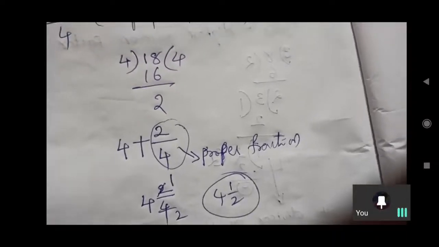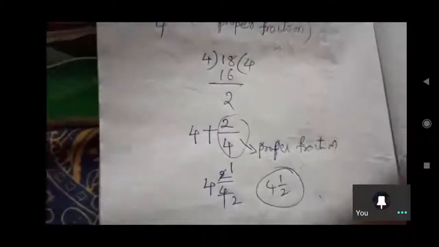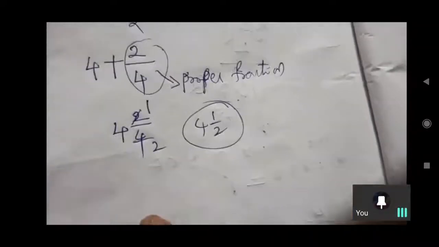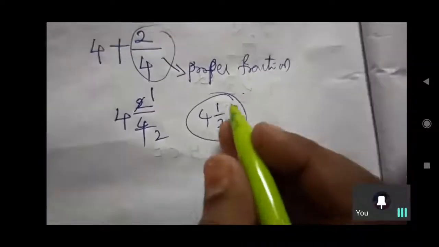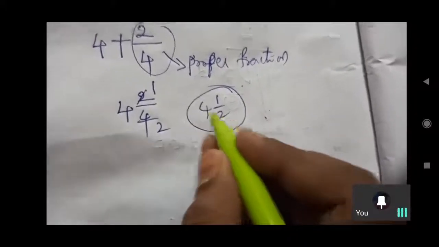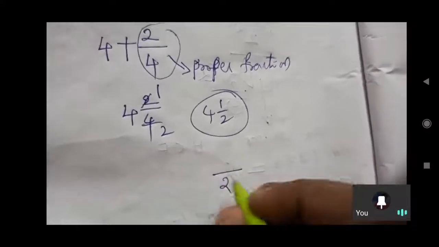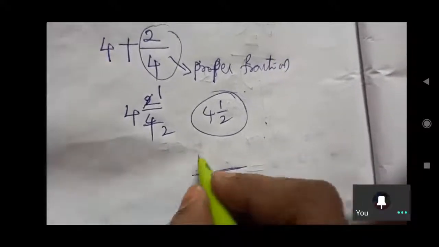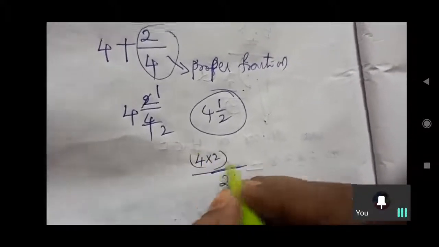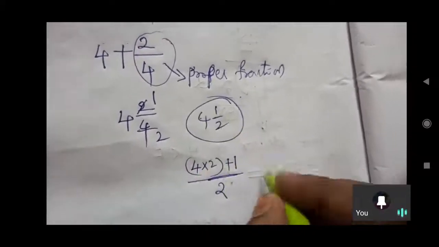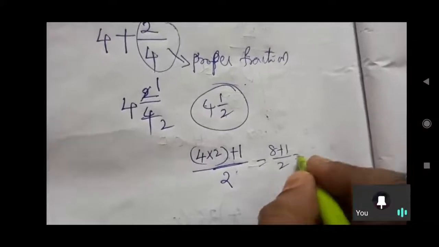If we have it like this, we can also make the mixed fraction improper again. How can we make the mixed fraction improper? First you should multiply these two, and keep the denominator as it is. In the numerator, 4 into 2 plus 1, so 8 plus 1 by 2 is equal to 9 by 2. Like that also we can write.